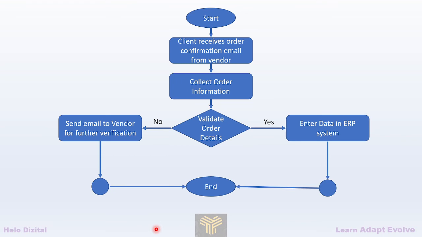If the order details are correct, it will write the order details in the SAP application. But if the order details are not correct, then it will send a re-verification email request to the vendor, again using inbuilt Outlook activities available in the RPA software.